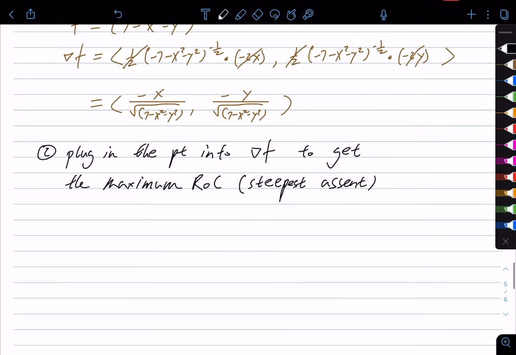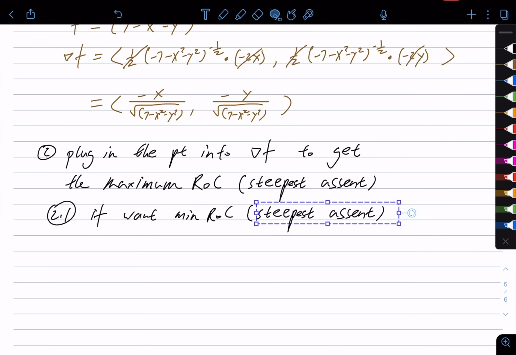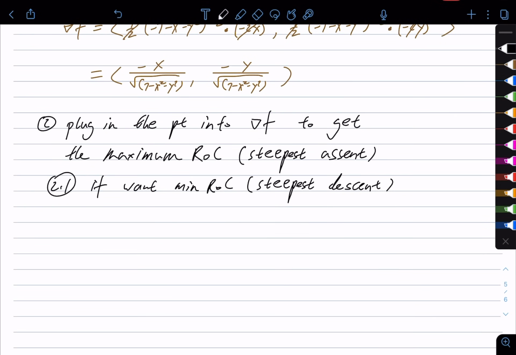I'm going to make a special note here, 2.1: if we want the minimum rate of change, or the steepest descent, we just flip the sign of the gradient of f at the point.